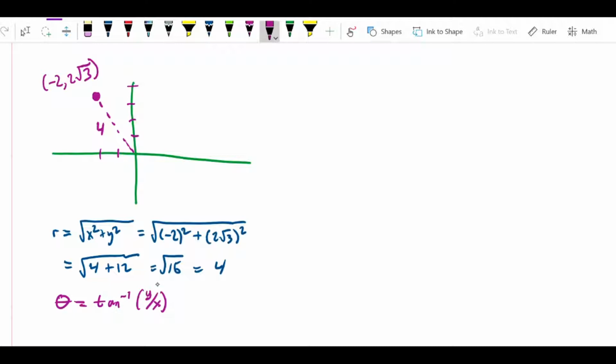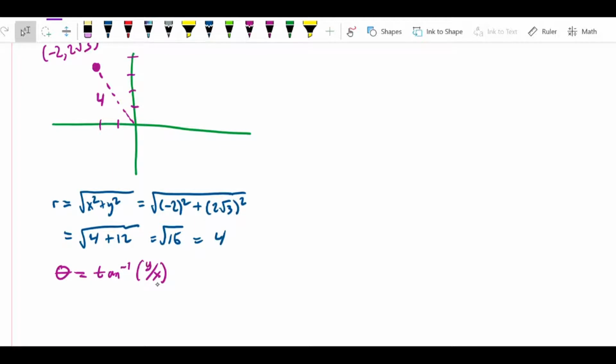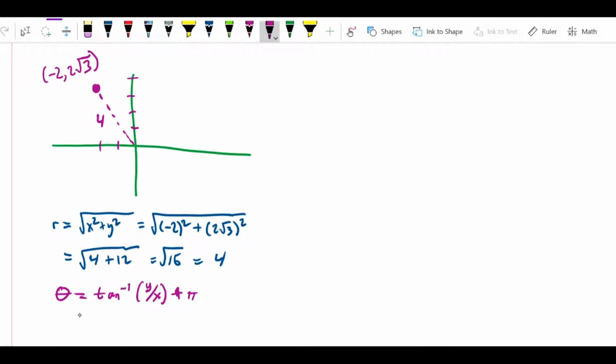since we're on the left side of the plane, recall there's that very complicated formula for finding theta. Since x is less than 0, we have to add pi to whatever arctangent gives us. You can go back to that lecture to see why that's true. So this is arctangent of 2 root 3 over negative 2, plus pi, which equals arctangent of negative root 3 plus pi.